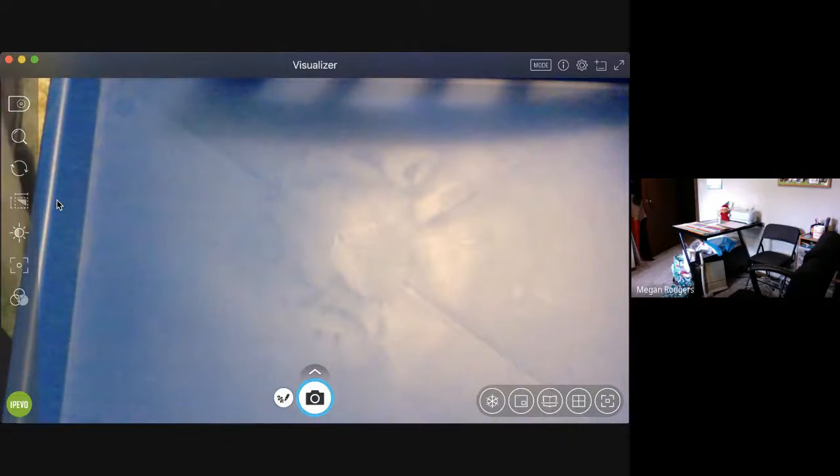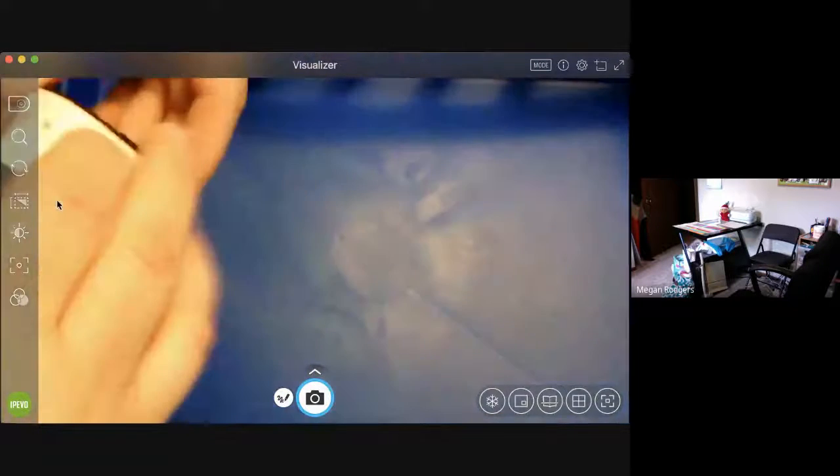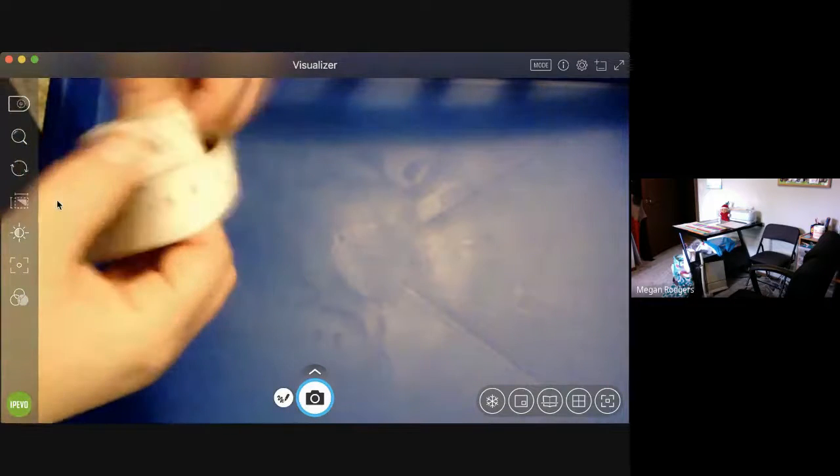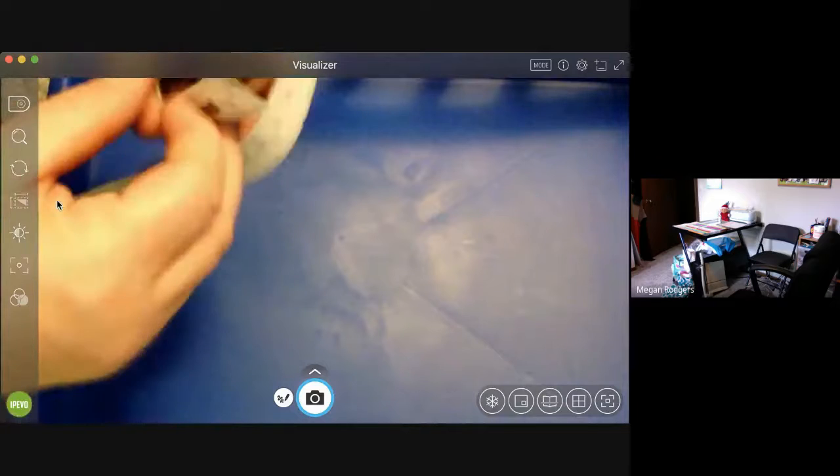So I'm going to go around my Oreo. And going around my Oreo, trying not to break it. And I don't even know if you can see this because I keep lifting it up too high. Oreos are difficult. Bigger items are probably easier.